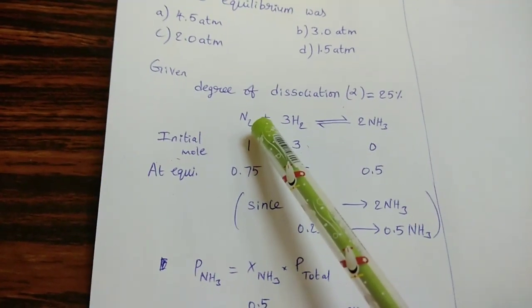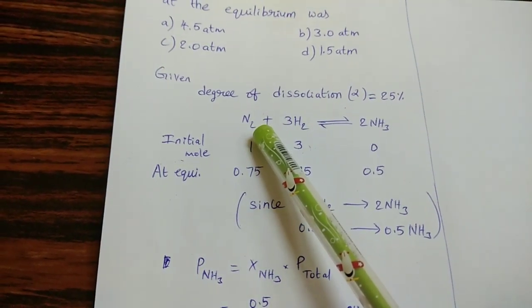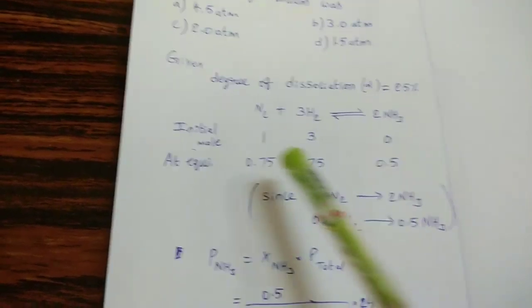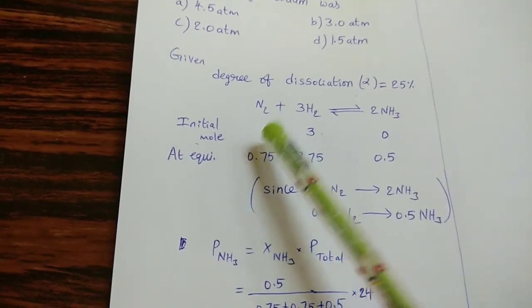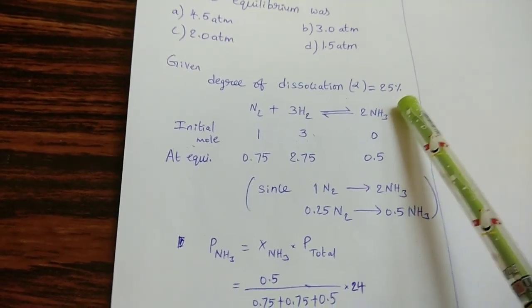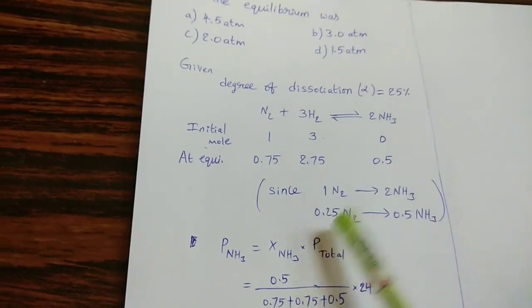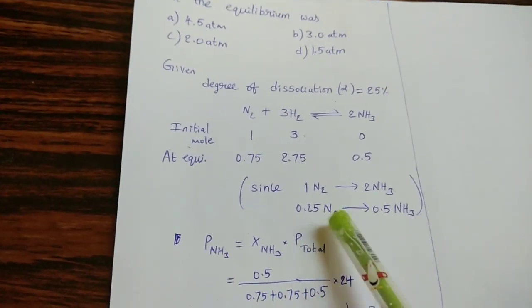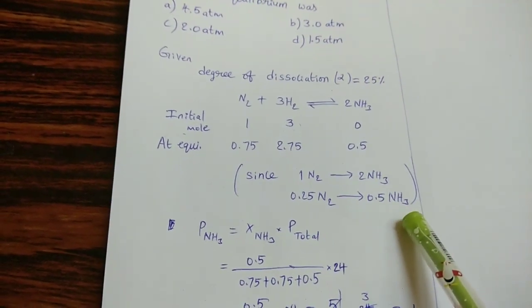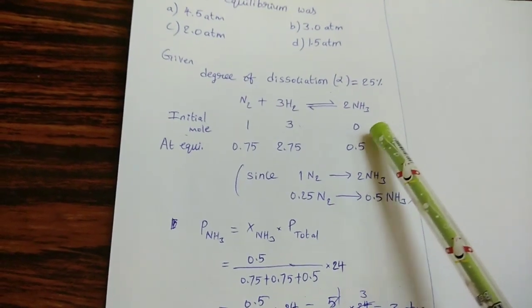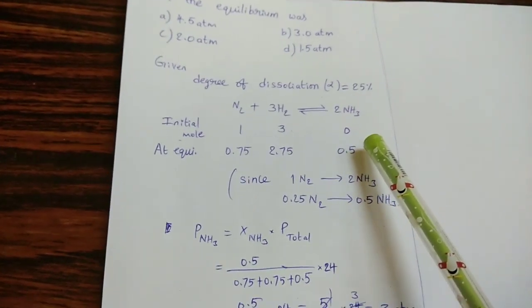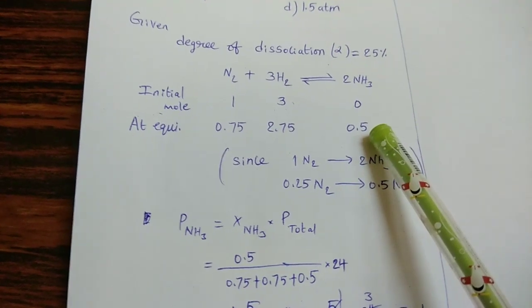Here from this equation we can get 1 mole of N2 produces 2 moles of ammonia. Here 0.25 moles, because 25% only was consumed or reacted. So 0.25 moles of N2 produces 0.5 moles. So at equilibrium, the number of moles of ammonia is 0.5.